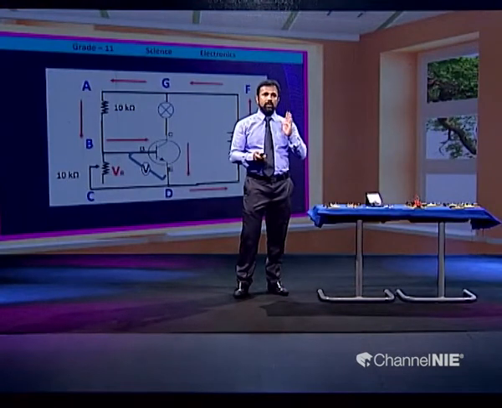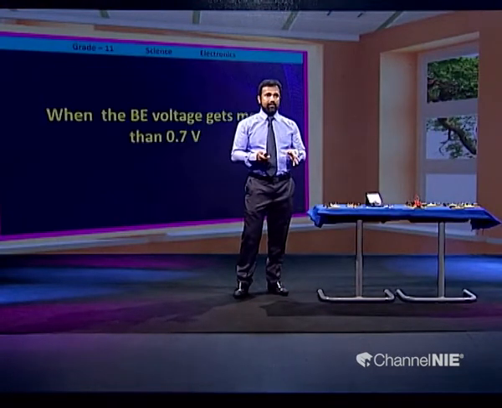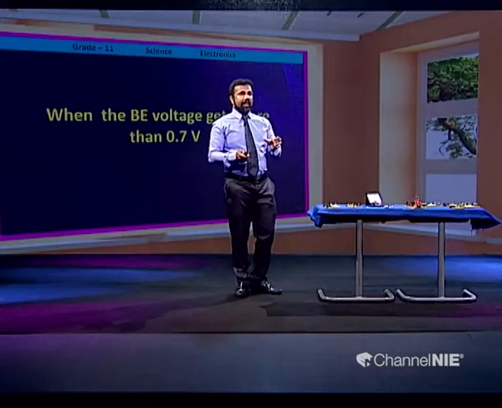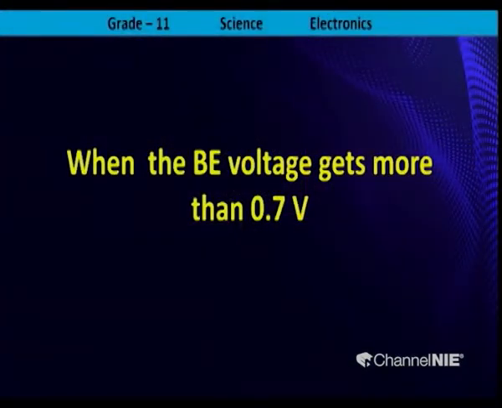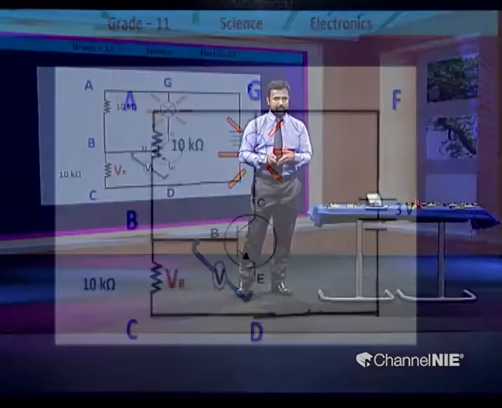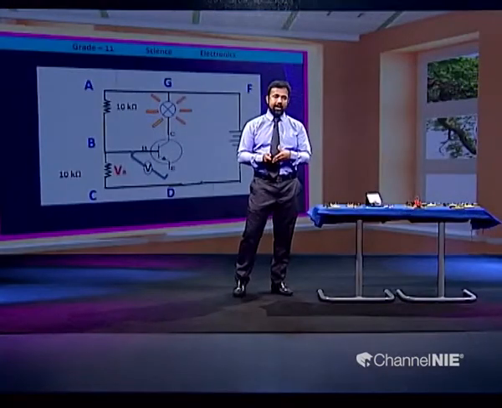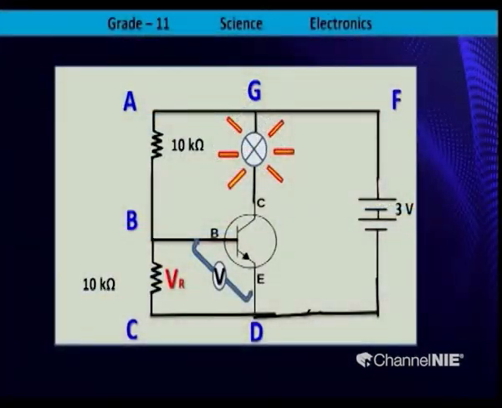Right. When the BE voltage gets more than 0.7 volts, what will happen? As you can see, when the BE voltage is more than 0.7, why do I say 0.7 volts? Because the minimum voltage that is needed to overcome the biasing voltage is 0.7 volts.